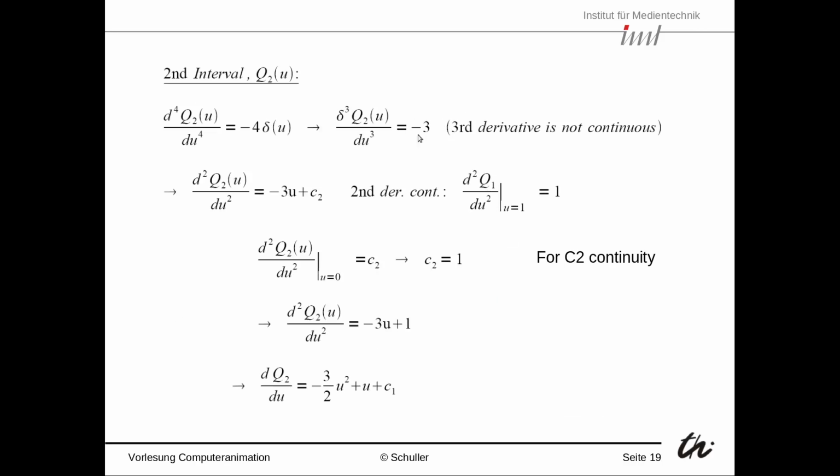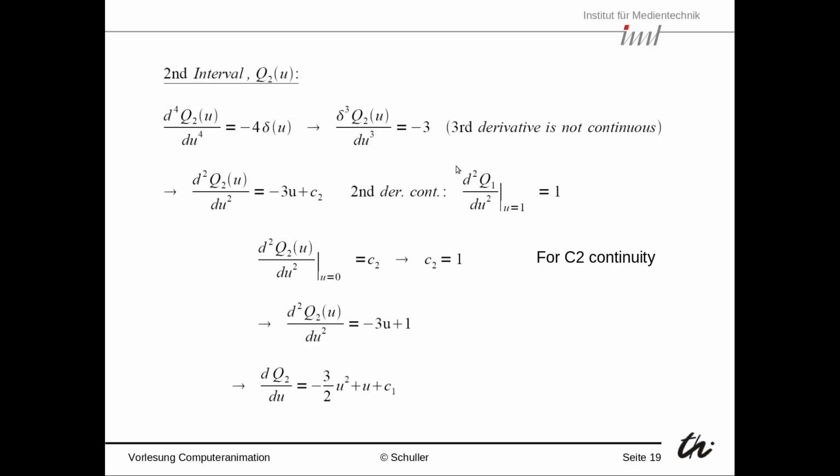This is the value here, and that means we can now compute the second derivative by integrating the third derivative, and we get minus 3u plus some constant c2. And this c2 now we need to choose such that the value of the second derivative at the lower end of the second interval is equal to the second derivative of the first interval at its upper end.